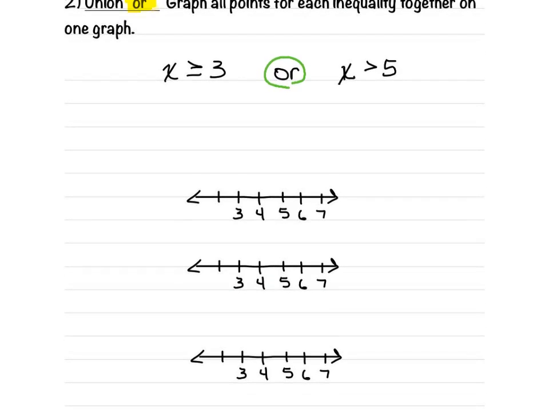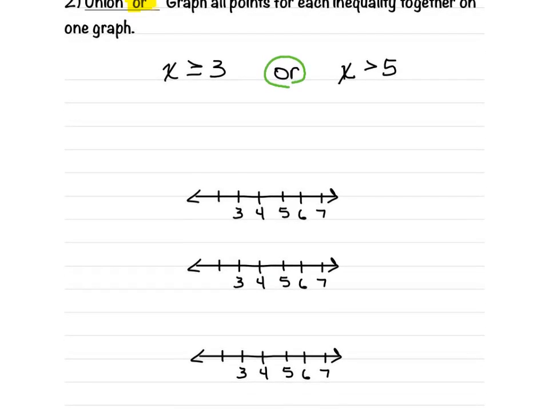Here's an inequality: x is greater than or equal to 3, or x is greater than 5. Just to demonstrate how this works, I'm going to graph each one separately, and then I'll graph the compound inequality last. If I graph x is greater than or equal to 3, I would have a closed circle over the 3, and everything to the right is shaded.